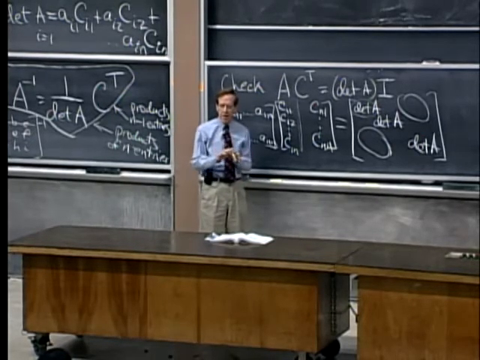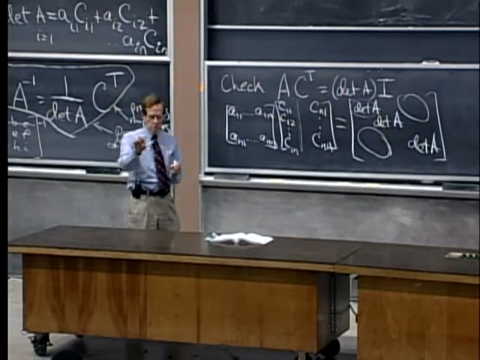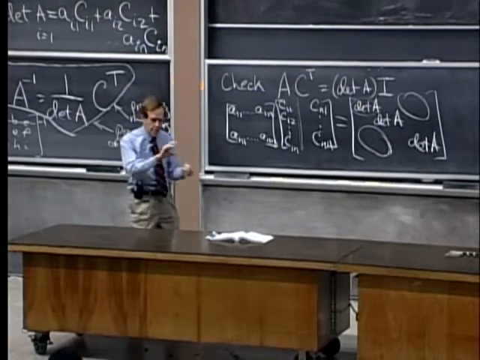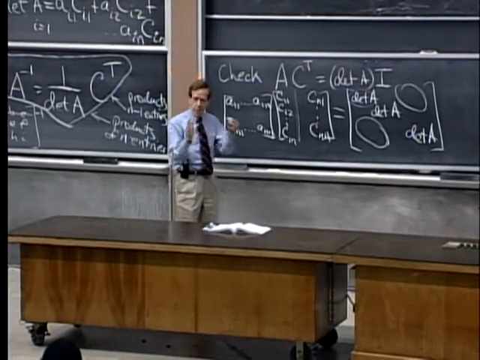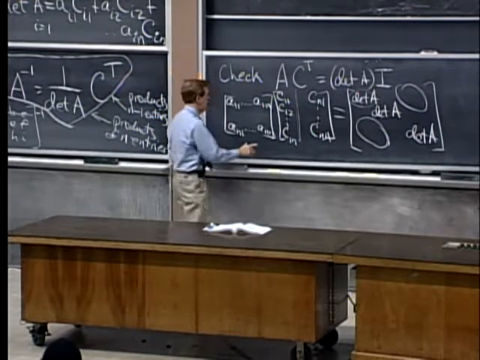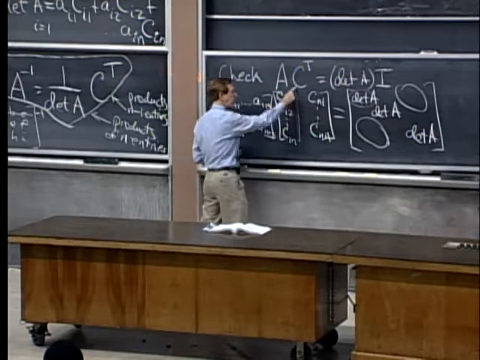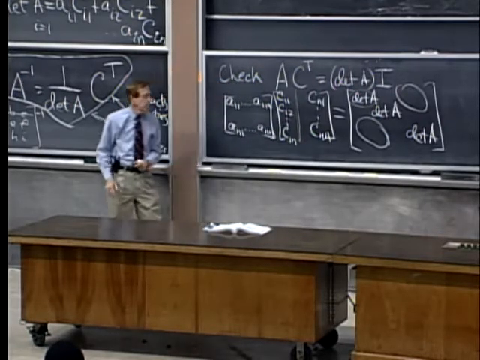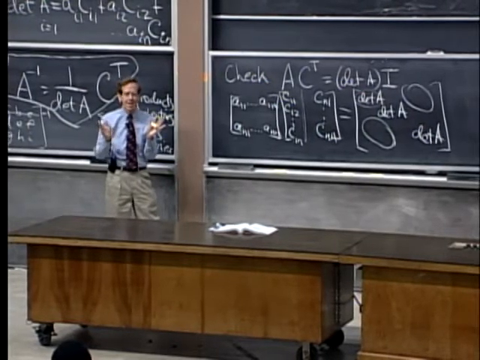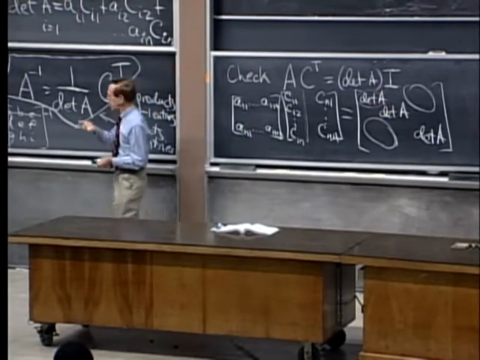In other words, the cofactor formula gives the determinant if the entries of A and the cofactors are for the same row. But for some reason, if I take the entries from the first row and the cofactors from the second row, I automatically get 0. And it's interesting to ask why that happens.